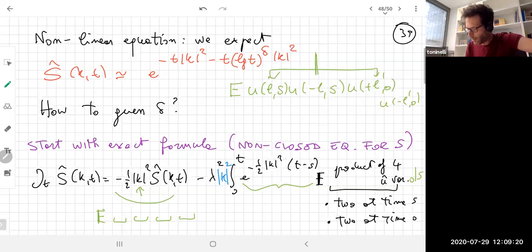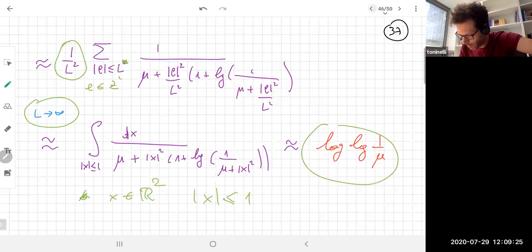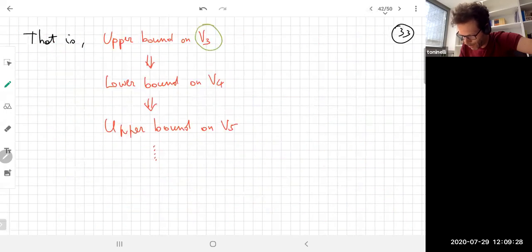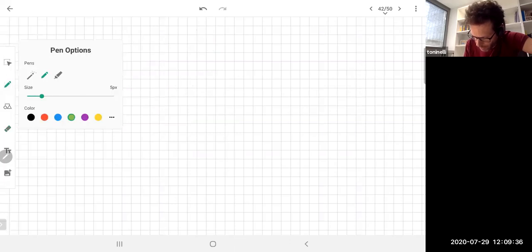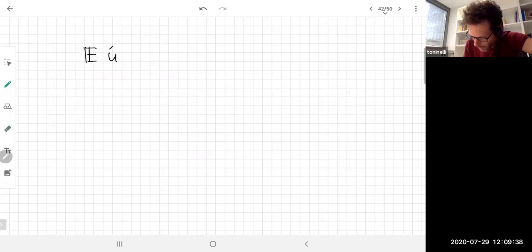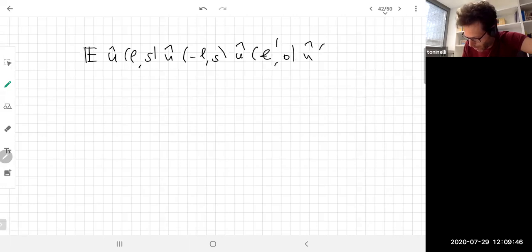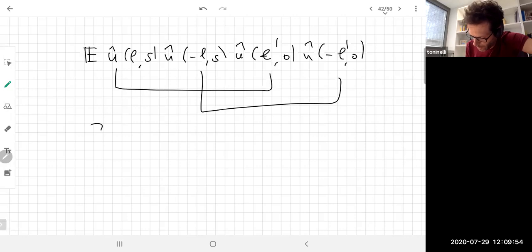Unfortunately, it seems like I cannot add another slide, so let me just delete this one. So you have something like the expectation of u hat l s, u hat minus l s, u hat of l prime 0, u hat of minus l prime 0. Now suppose you contract this one with this other one, and this with this other one. What you get is s of l s.